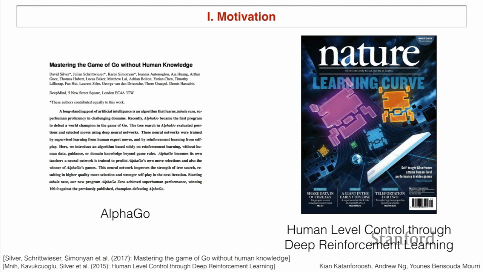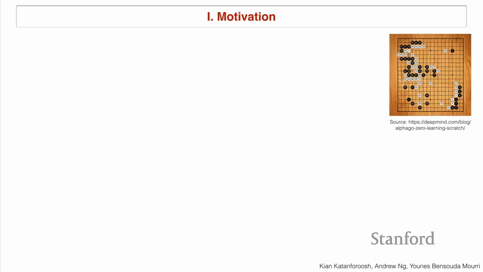So these are two examples. Although they use different sub-techniques of reinforcement learning, they both include some deep learning aspect in it. Today we will mostly talk about the Human-level control through deep reinforcement learning paper, also called deep Q network. So let's start with motivating reinforcement learning using the AlphaGo setting.